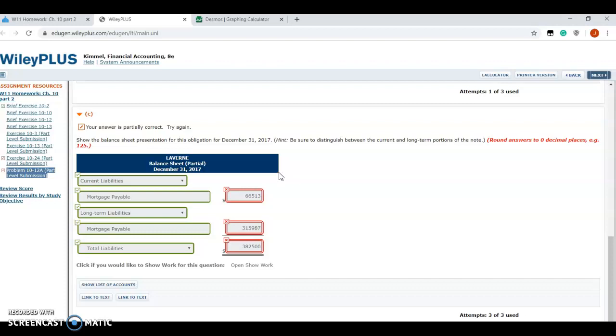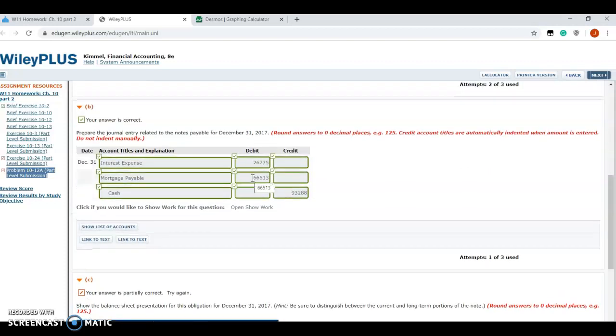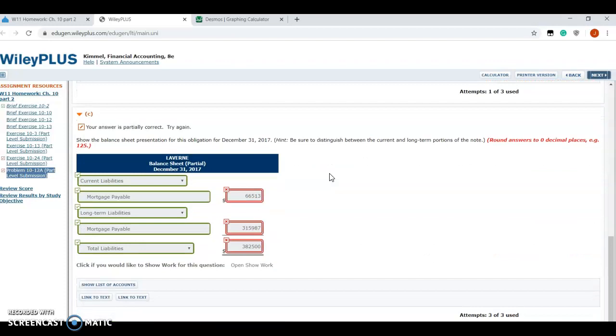Now the numbers on this section I wasn't too sure on. The 66,513, which, if you remember from Part B, is the mortgage payable for December 31st. That's what I thought would go there. Obviously, I'm wrong, and I guess I didn't understand it. So if y'all could help me out with that, that would be great.